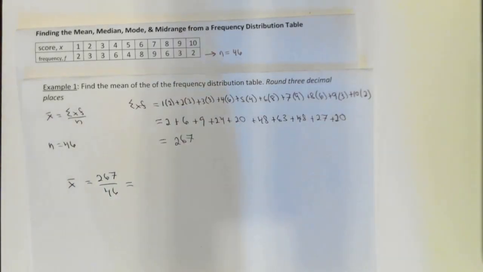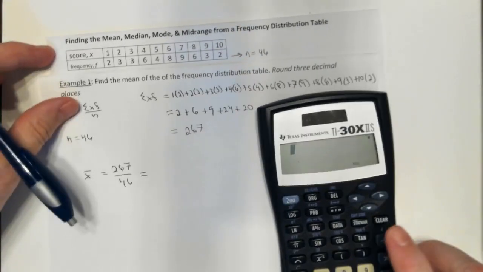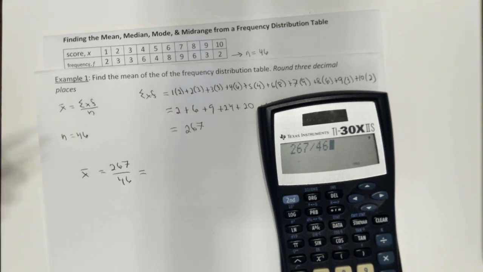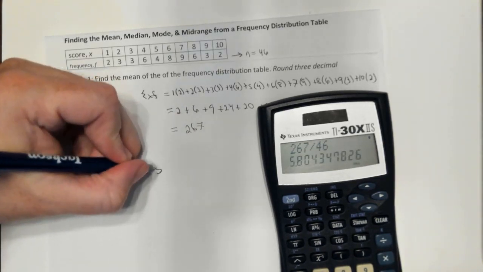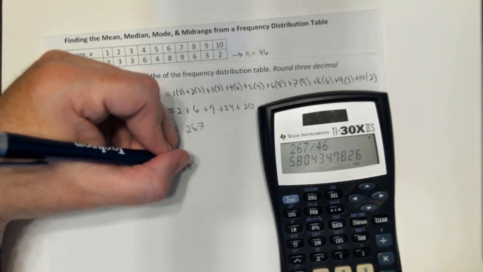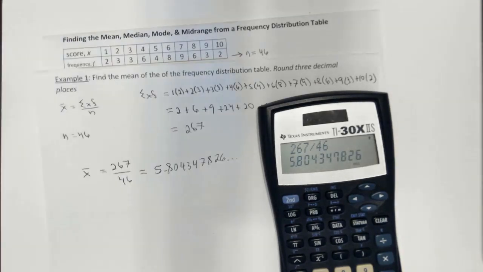Let's see what happens. It says to round to 3 decimal places. 267 divided by 46. Yeah, so 5.804347826, and it probably keeps going, but my calculator only goes so far.